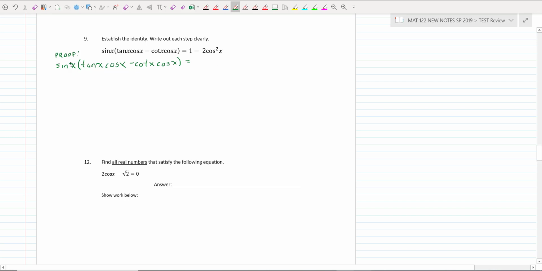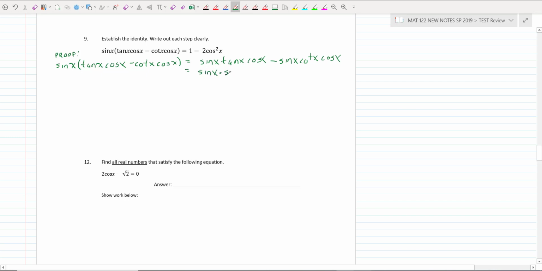So you just kind of think about what you would do. Now I would do a distributive property, so I'm going to distribute the sine through this. So I will write out that I have sine x tangent x cosine x minus sine x cotangent x cosine x. So I've got sine x here.